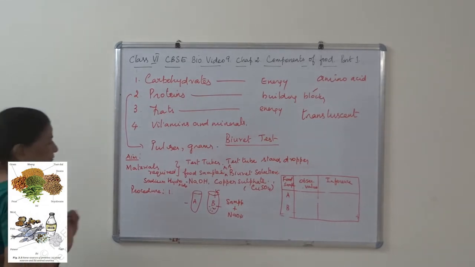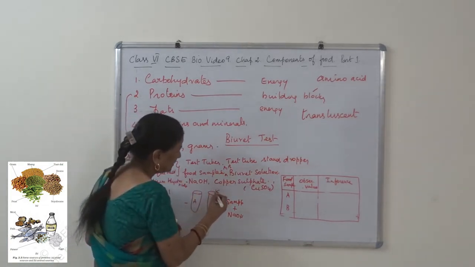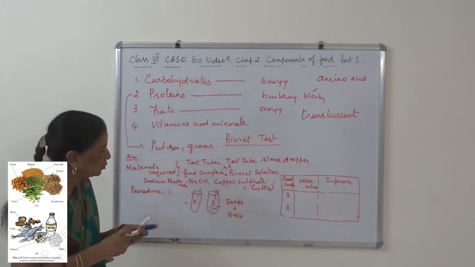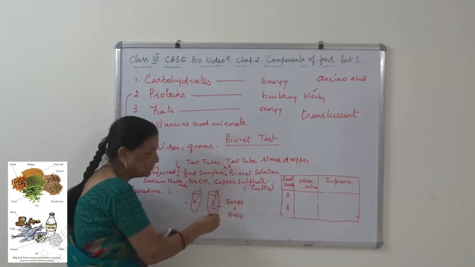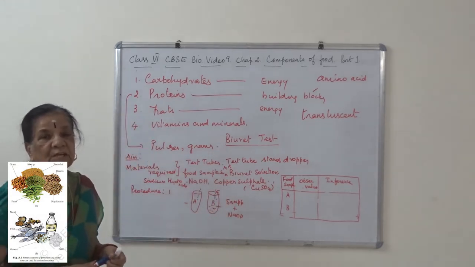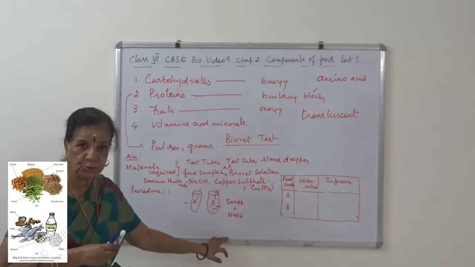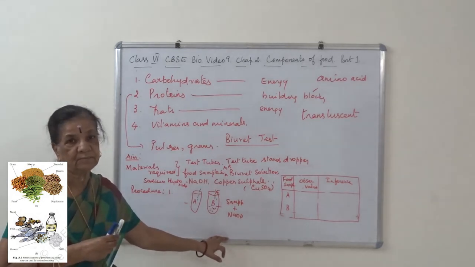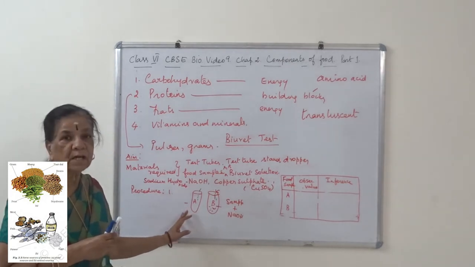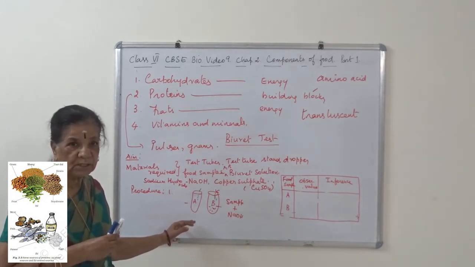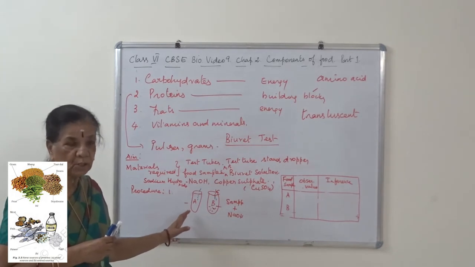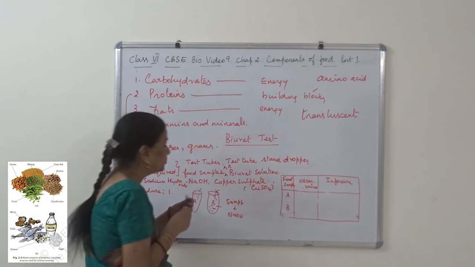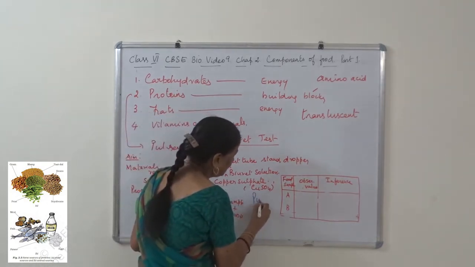When we add slowly along the sides of the test tube, the sample which contains protein will turn purple in color. Whereas the copper sulfate is blue in color in the other sample. The sample with the protein will turn purple.